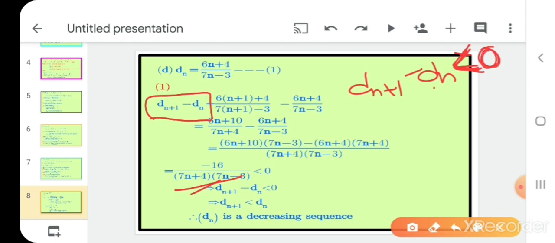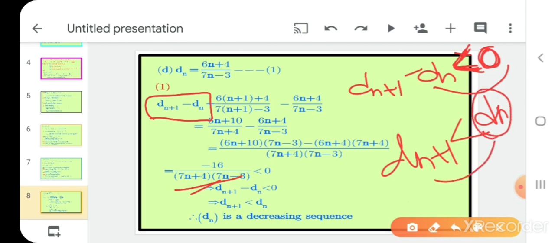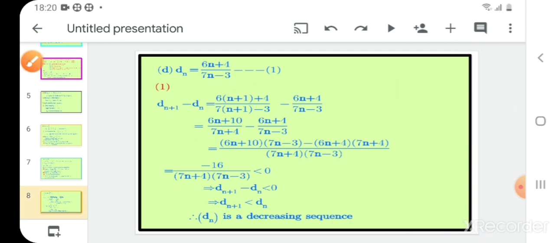I take minus dn to the RHS: dn plus 1 less than dn. That means the first number is greater than the second number, and the second number is greater than the third number. That means the given sequence is a decreasing sequence. First point completed.